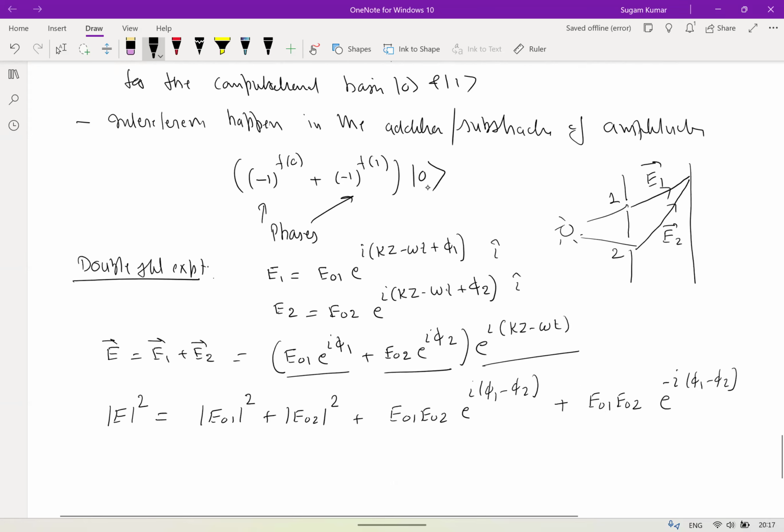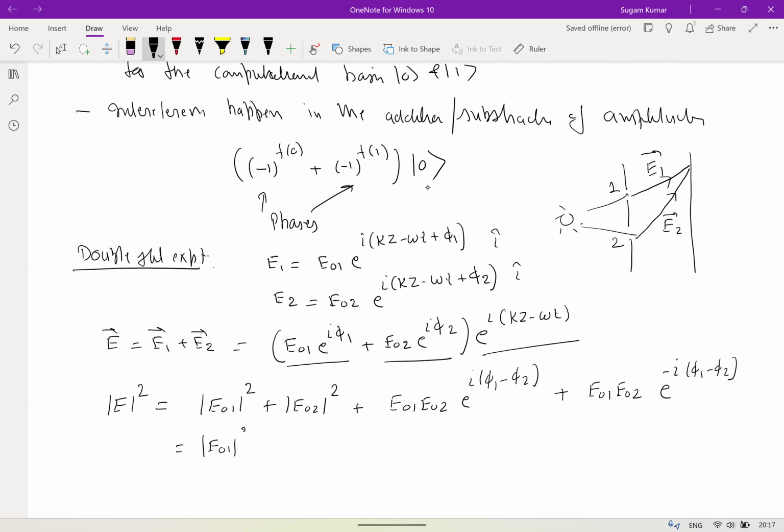And this is nothing but E01 whole square and E02 whole square. And now I take this common term out, and this is going to act like a cos function.